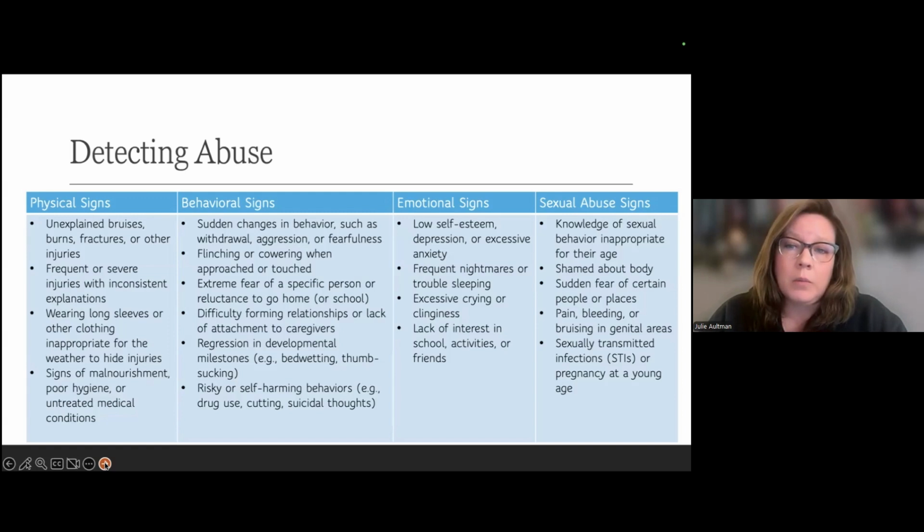And then the more unfortunate sexual abuse signs, again, fear of certain people and places, pain, bleeding, and knowledge of sexual behavior inappropriate for their age, even going so far as individual patients that exhibit unusual or heightened sexual characteristics and sexual behaviors that are mimicking a particular parent, guardian, or abuser. And Daniel, if you want to chime in on things that you've seen.